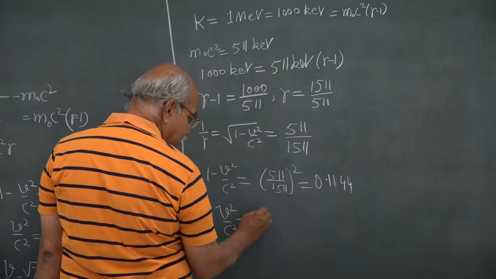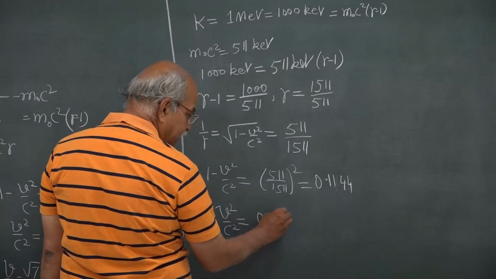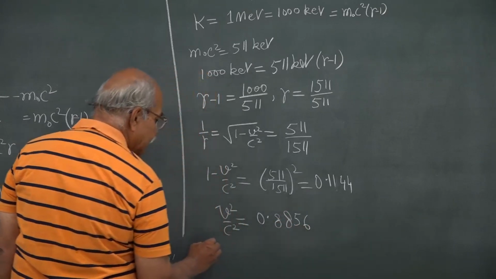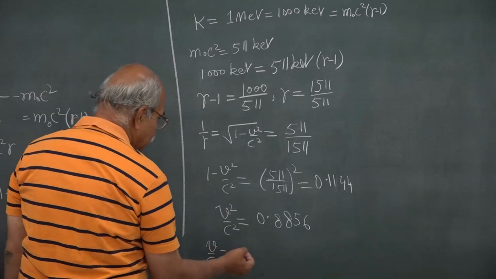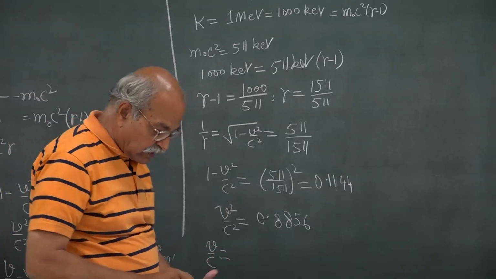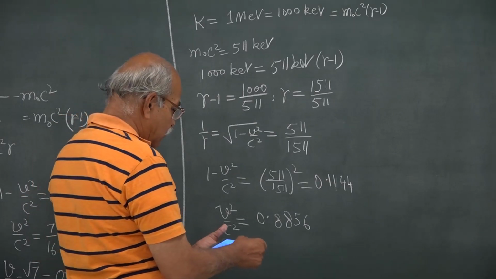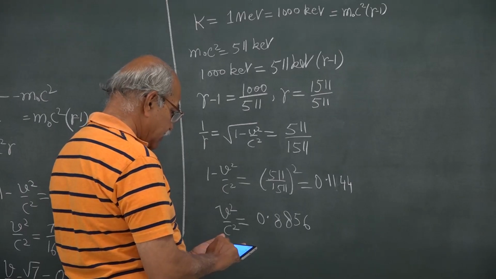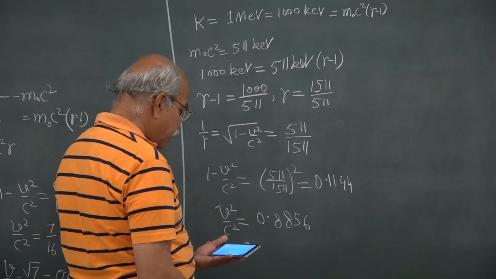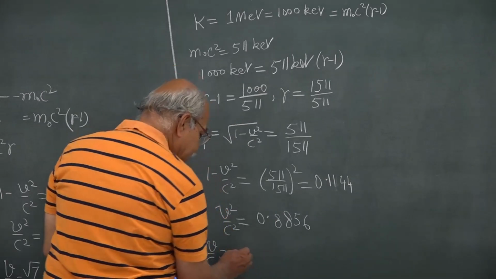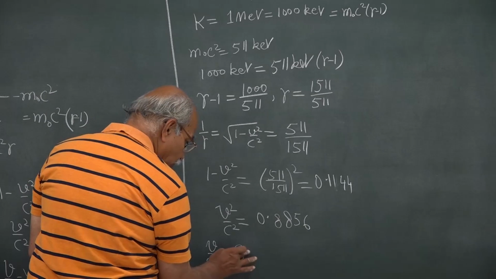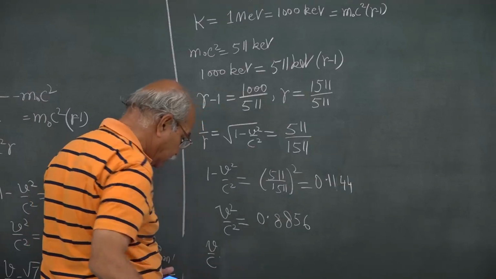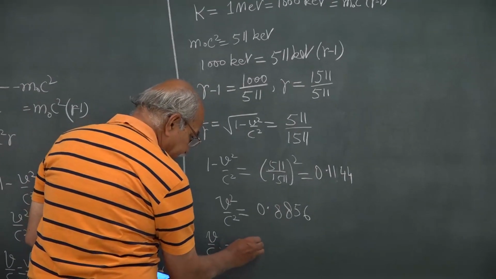So that is 1 minus v square by c square, and therefore v square by c square is 1 minus this quantity, which will be 0.8856. So you can write v by c as the square root of this. Square root of 0.8856 is like 0.941, so 0.94.